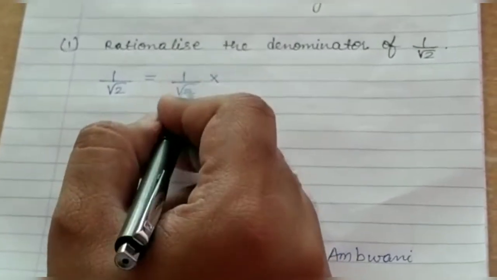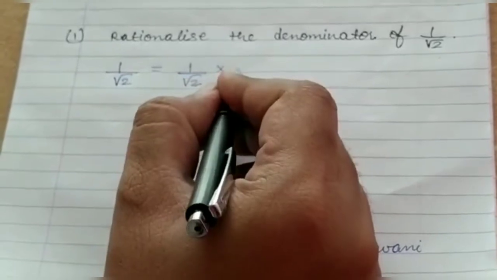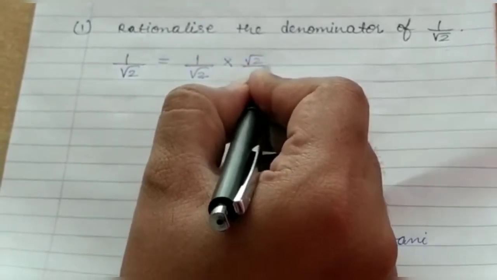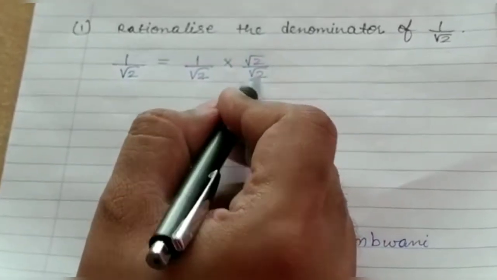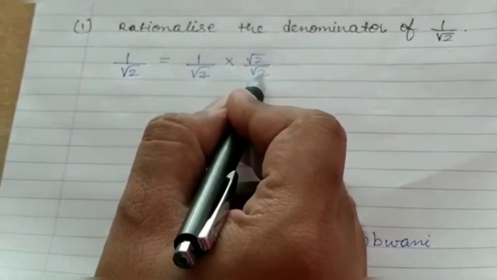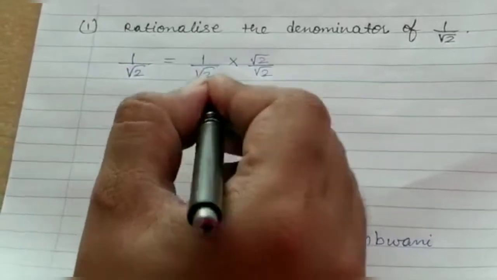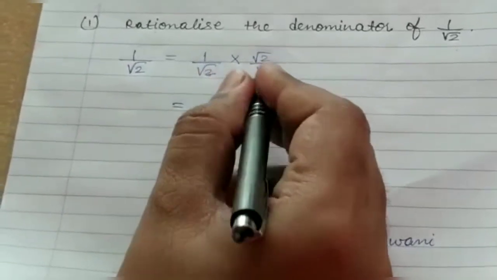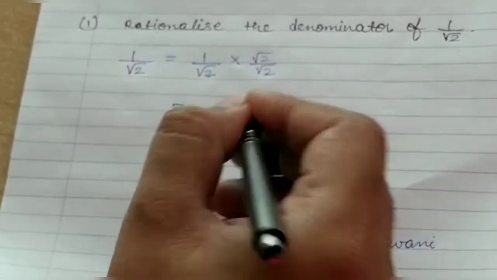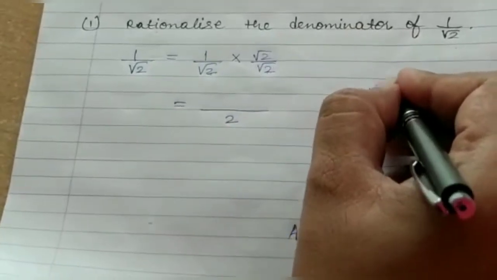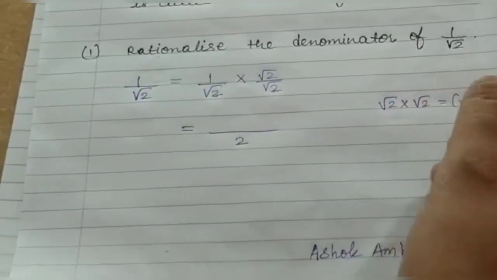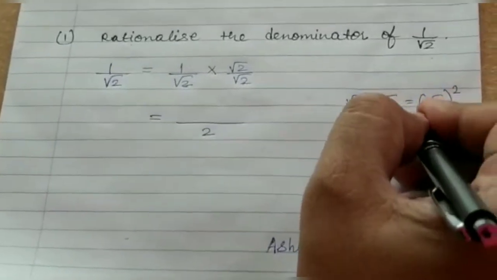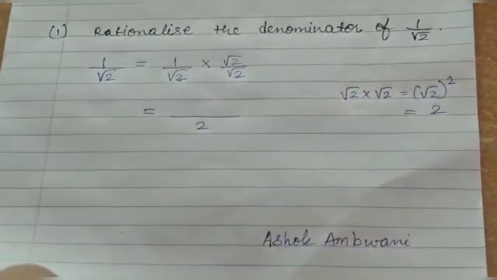So 1 upon root 2 has to be multiplied by root 2 by root 2. Why have I taken root 2 here? Because root 2 multiplied by root 2 is nothing but root 2 whole square, and the square and square root cancel, and whatever is left is 2.